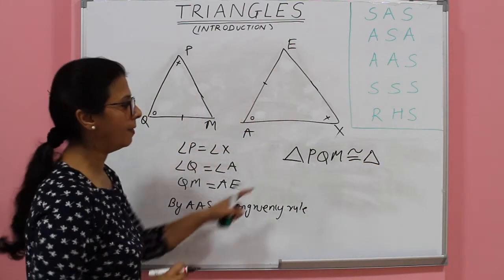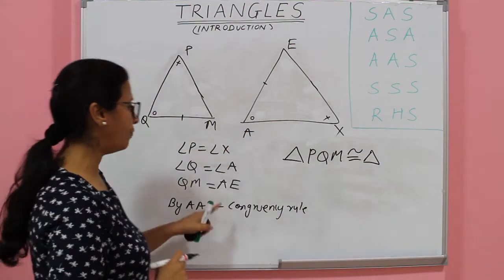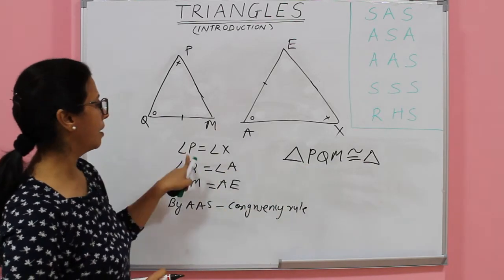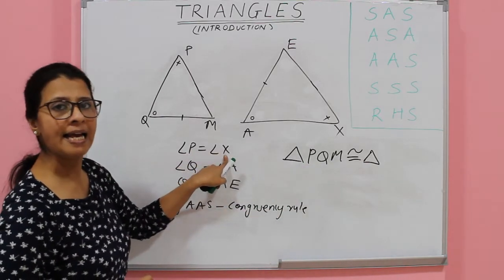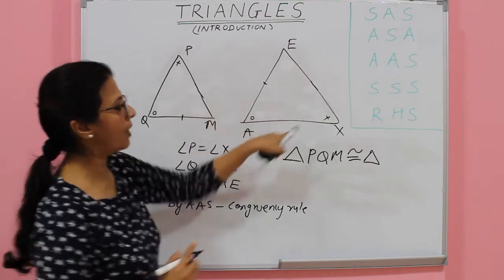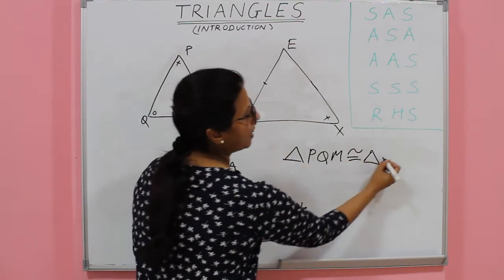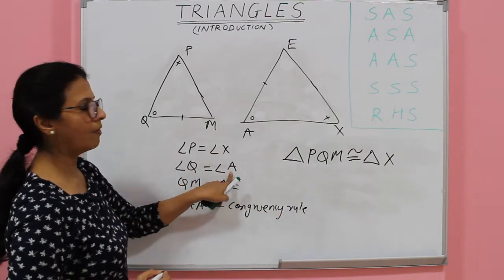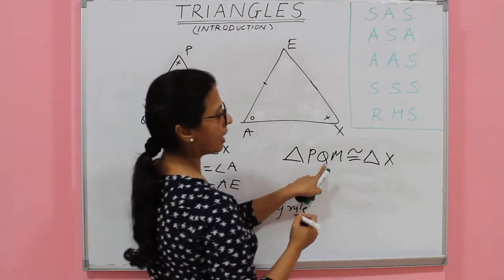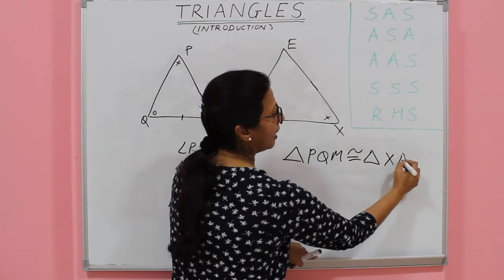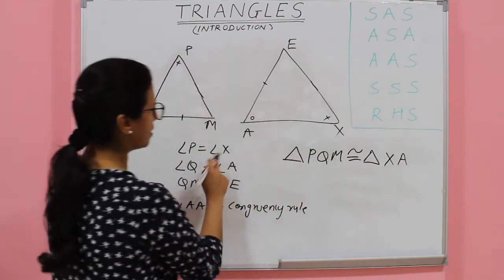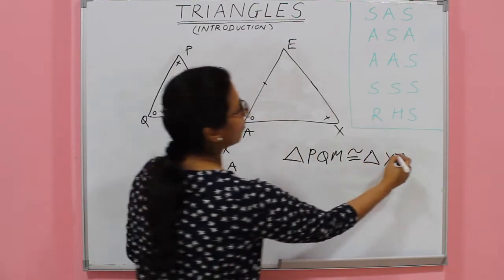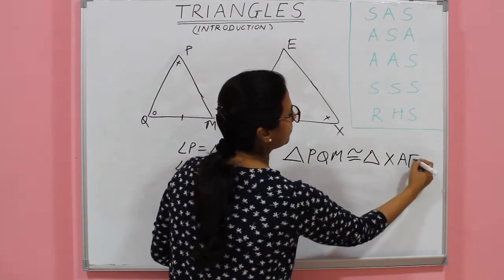Now how am I going to write it? Angle P is equal to angle X, so first X will come. Second is Q, so second will come as A over here. And the third is whatever is remaining, M, and over here what is remaining is E.